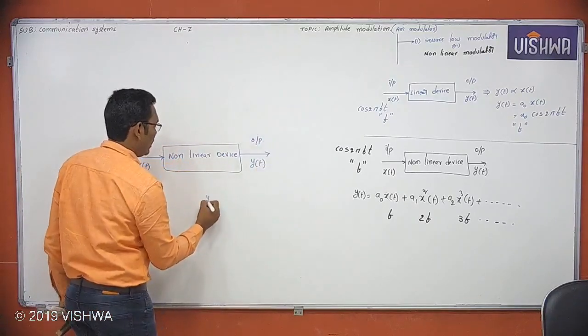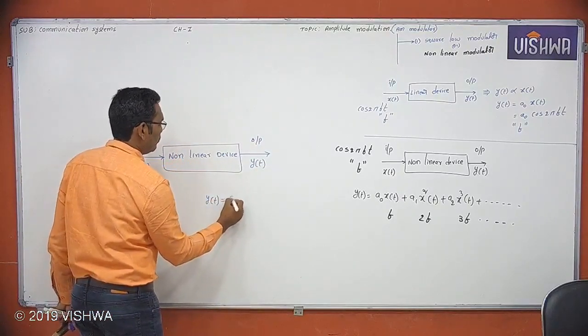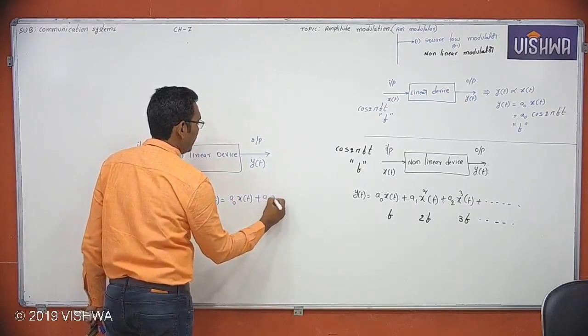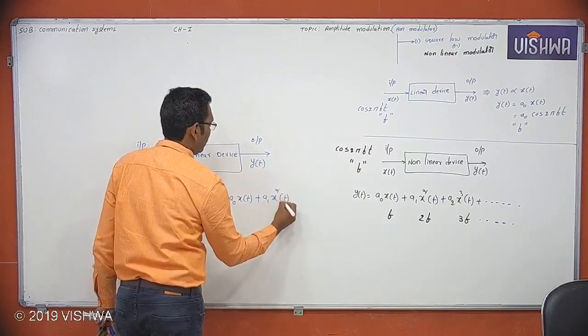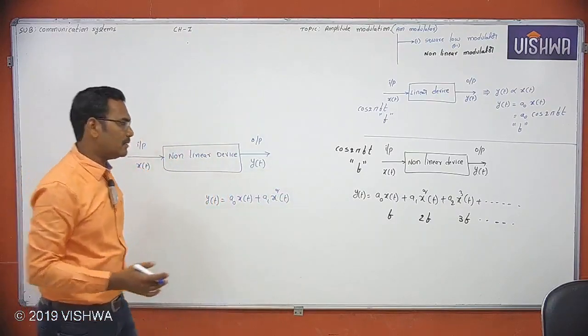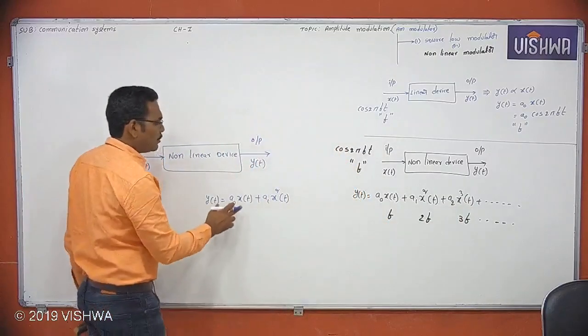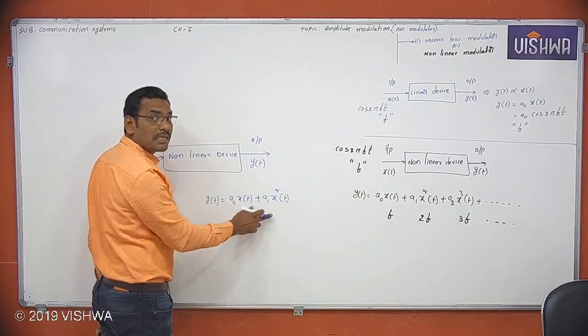So y of t is equal to a naught into x of t plus a1 into x square of t. In order to avoid this number of calculations, I just take two components, up to the second harmonic.